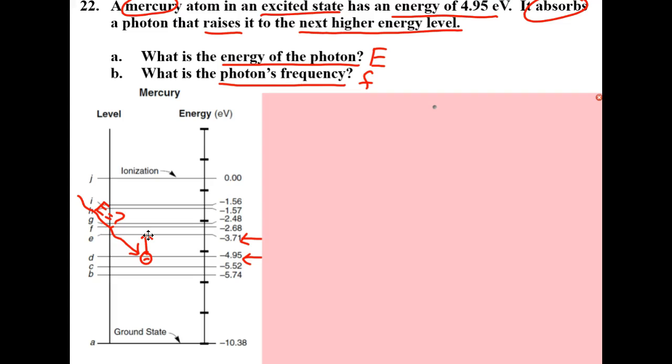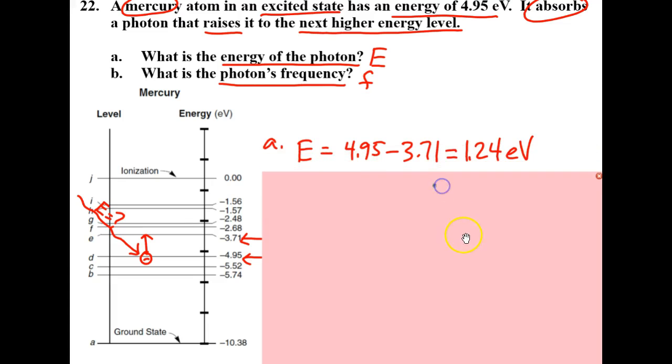They want to know the energy of the photon and then the photon's frequency. A is easy to do. All you do is take 4.95 and subtract the 3.71, because the energy of the photon has to equal exactly the difference between the energy level transition. So 4.95 minus 3.71 is 1.24 electron volts.